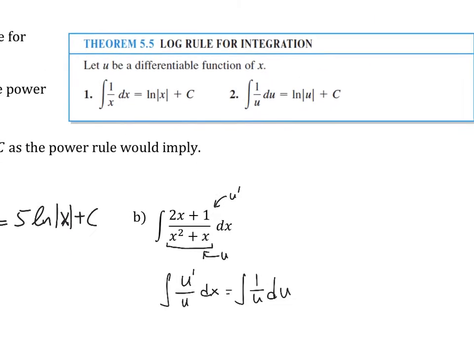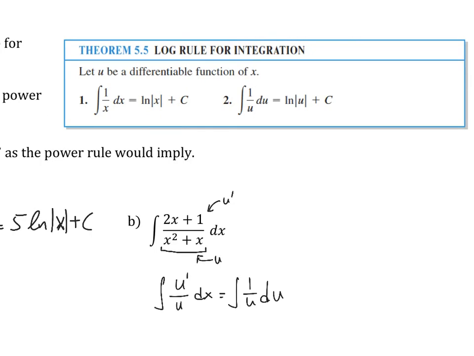And you can write it out, but once we recognize that we have the derivative on top and a function on the bottom, well, it's just going to follow this rule right here. So this is the natural log of that u function, x squared plus x plus c. Okay.